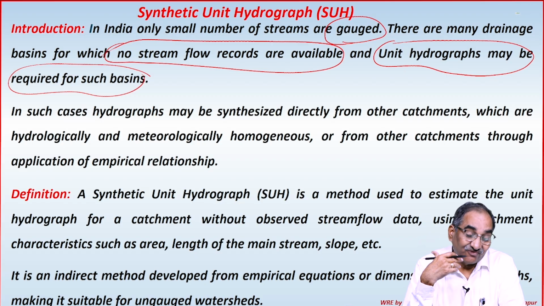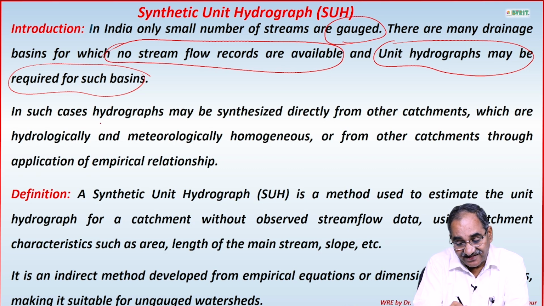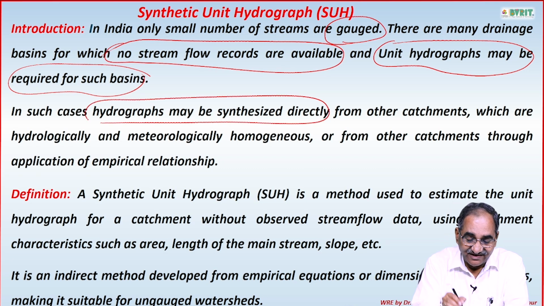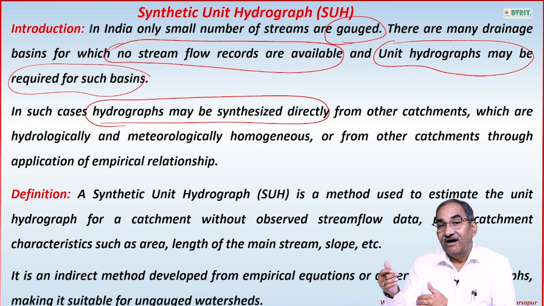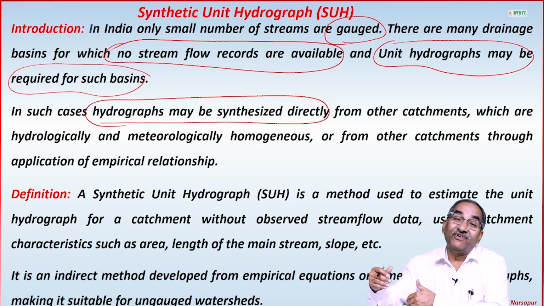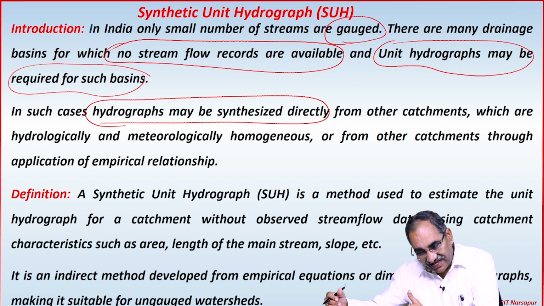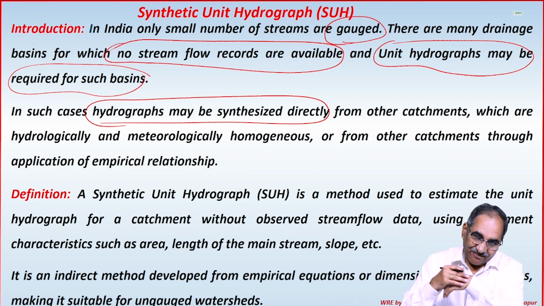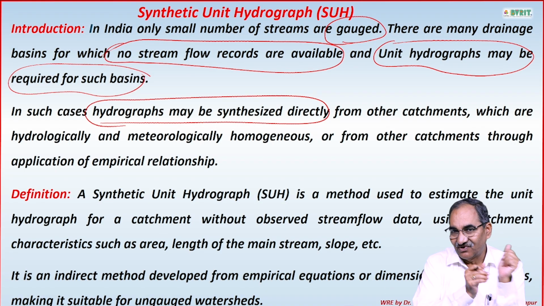So in such a case, hydrographs may be synthesized directly. This is our provision. How? We take the other catchments that are gauged, where unit hydrographs are available, and try to reproduce them for this catchment.